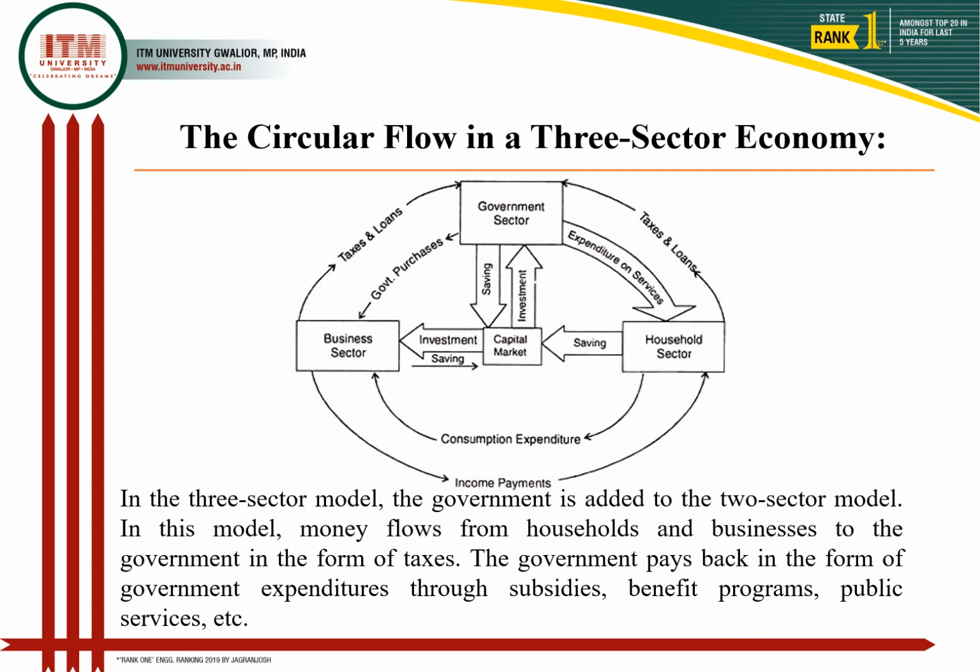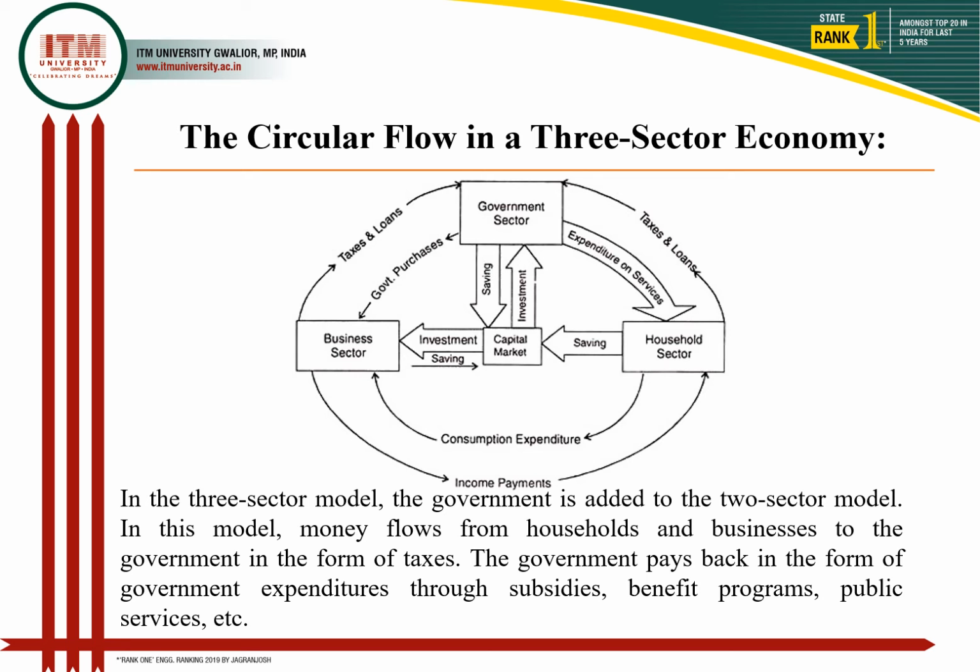At the same time, the business or firms are also involved in government purchases. That is also very important, how firms are involved in this case. For the payment of goods and services, the government is going to purchase, and the expenditure is again going to be returned back to the household and to the firm.